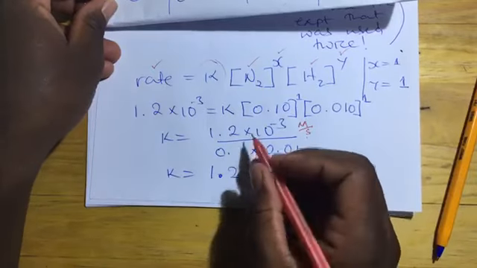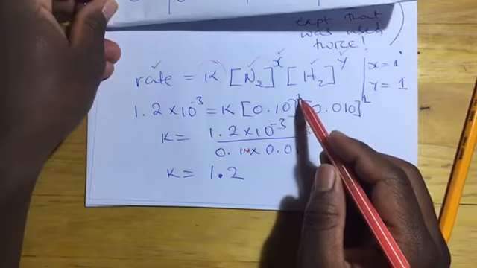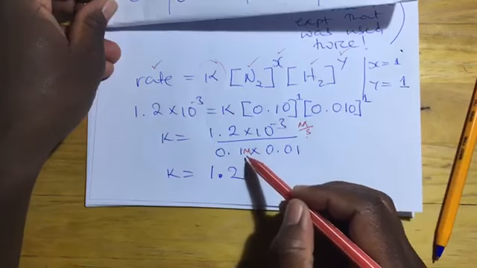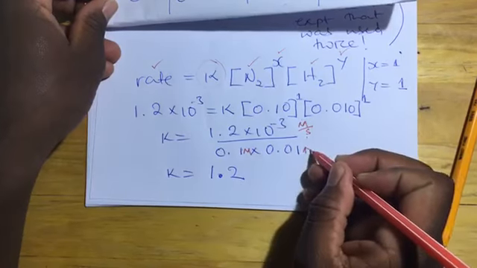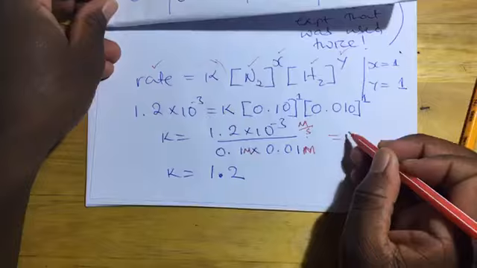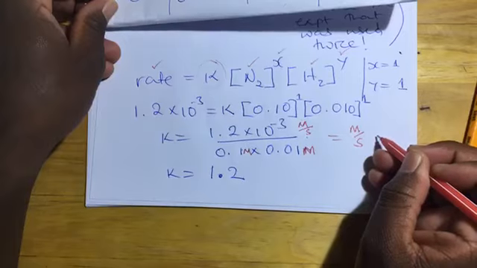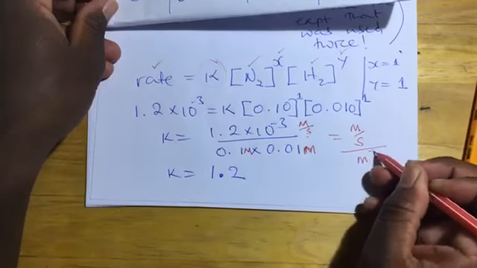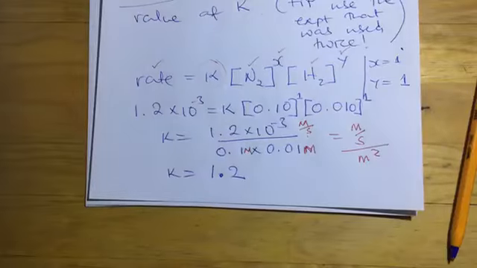This concentration is going to have units of molar because it was being raised to the power 1. If it was being raised to the power 2, it would have been molar squared. This was also being raised to the power 1, so it would just be molar. So the units are going to be molar per second divided by molar squared.